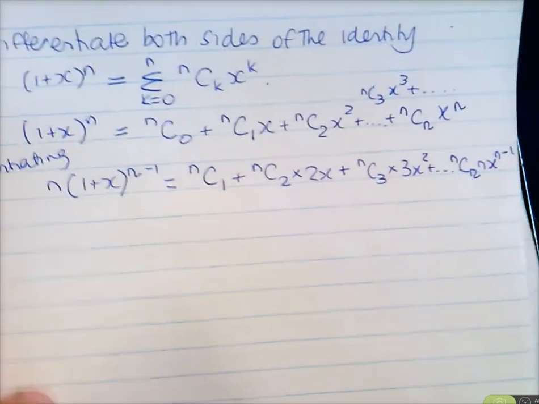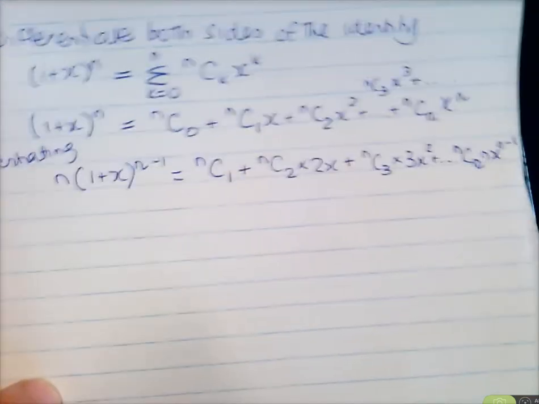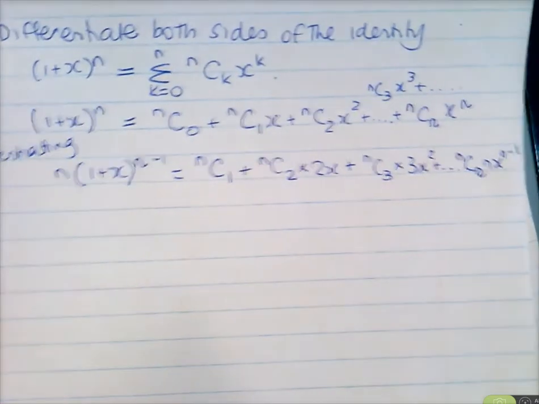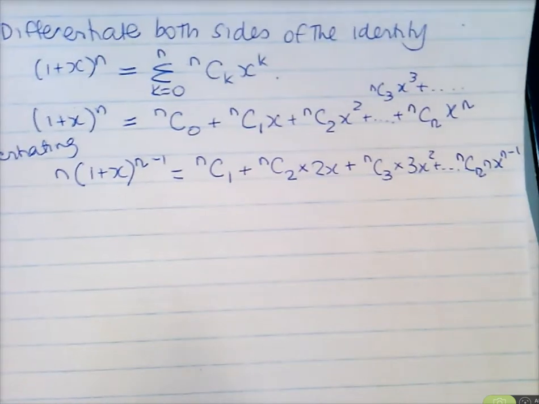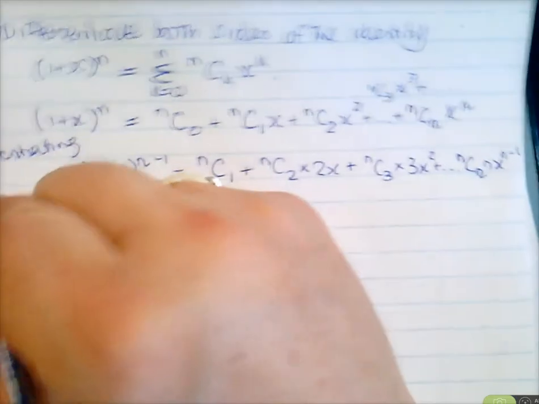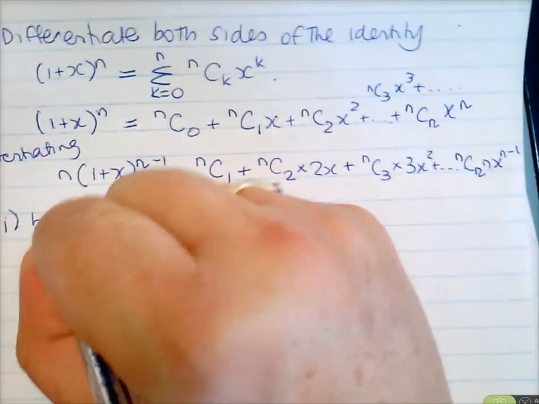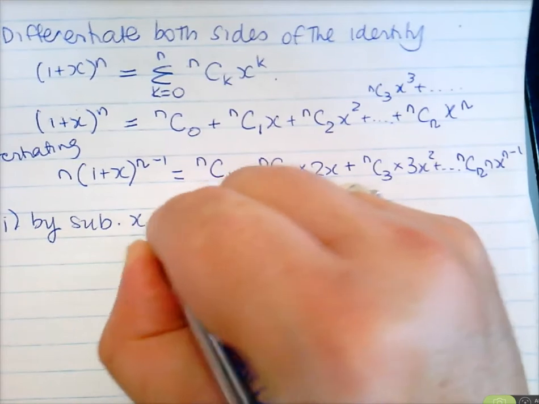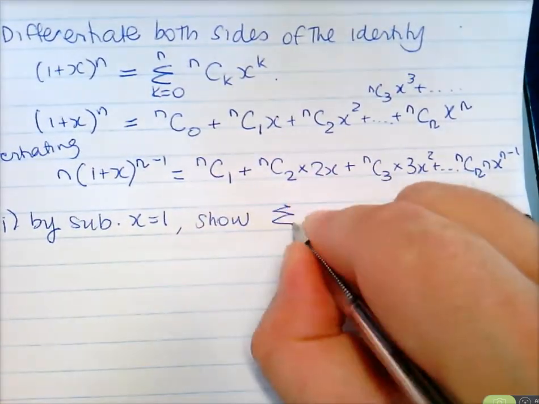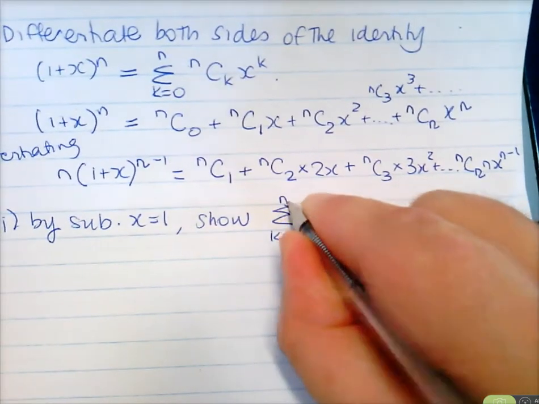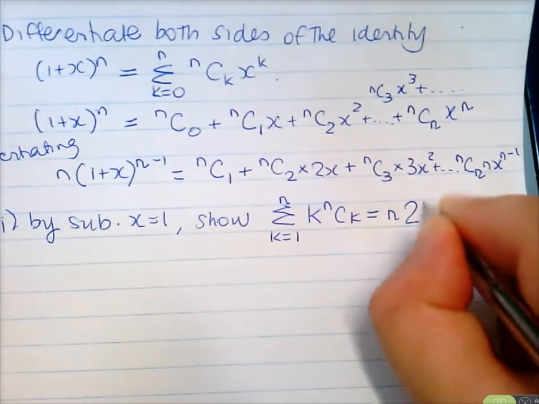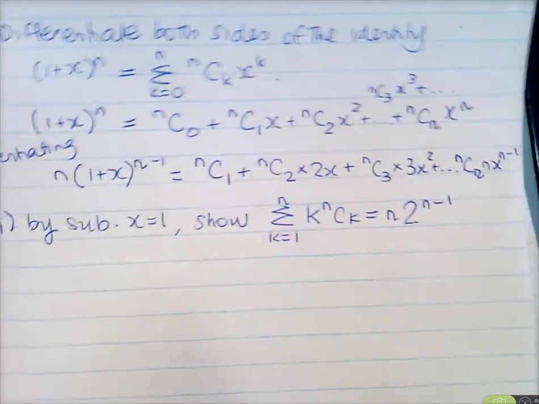So, are we okay there? We're off the edge of the paper. So if you look at what you're trying to prove, we've differentiated both sides. Part 2 says, by substituting x is 1, you have to show, I'm writing the question out now, that the sum from k equals 1 to n of k times nCk equals n times 2 to the n minus 1.